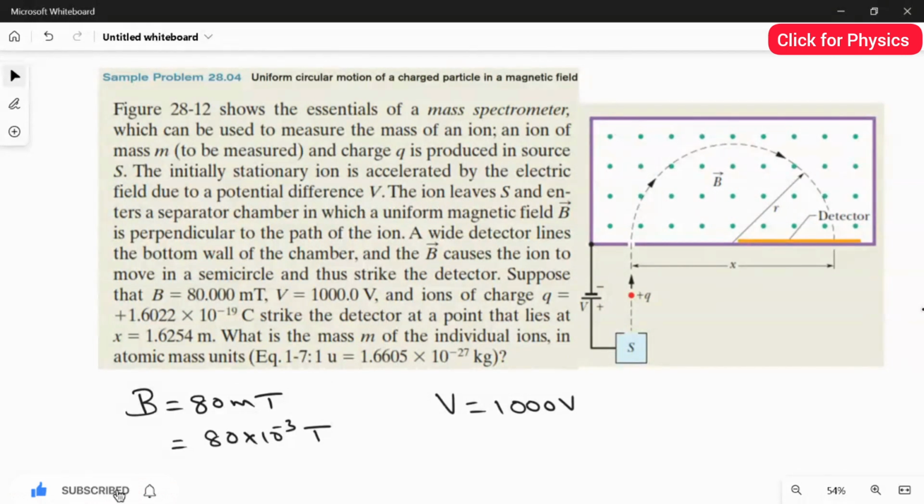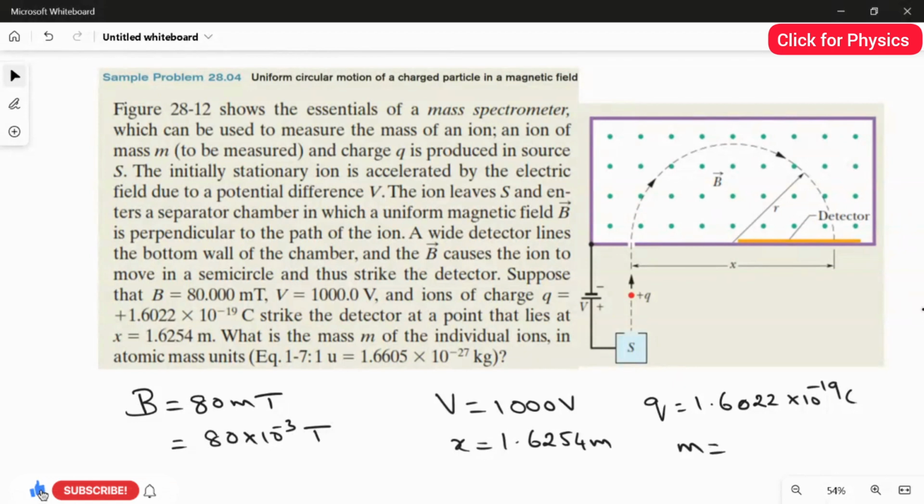And then the charge value is also given, which is 1.6022 multiply 10 power minus 19 coulomb, and also the distance from the starting point of the ion to where it's going to hit the detector, and the x value is given as 1.6254 meter, and finally you are going to find the mass of the ion, right?